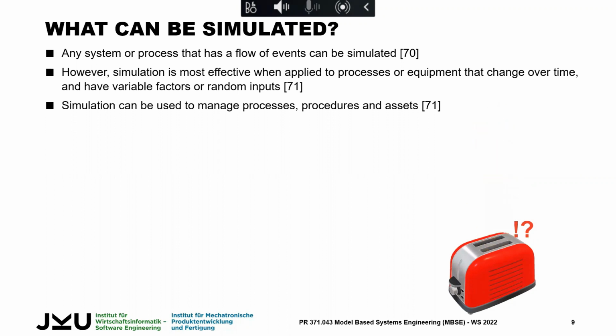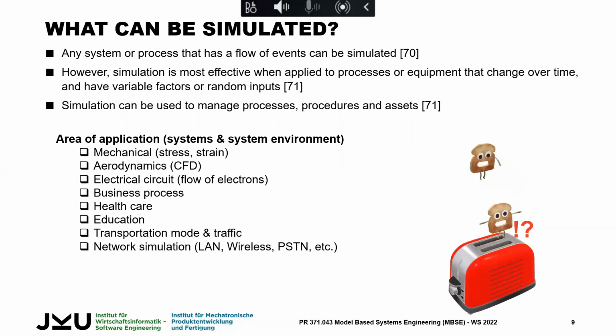So the tool selection is quite important for different types of simulation. And for areas of application, normally we are considering systems and systems environment. So we are doing simulation for mechanical parts, for aerodynamics, electrical circuits. These three things, more or less, you can do with SolidWorks.